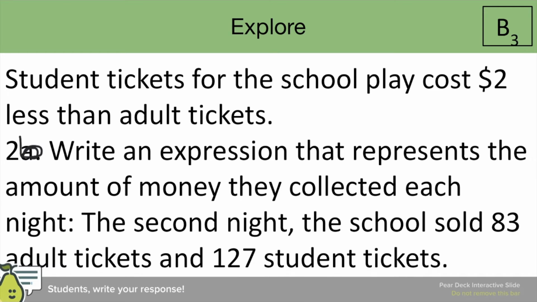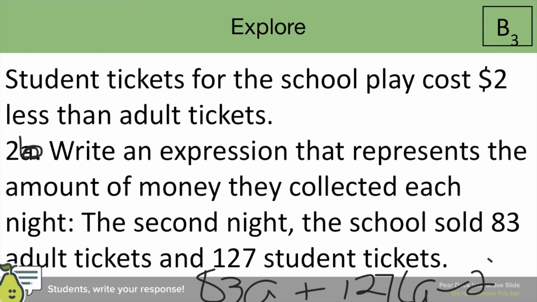Question 2B asks, write an expression that represents the amount of money they collected each night. The second night, the school sold 83 adult tickets and 127 student tickets. So students can write 83A plus 127(A minus 2).